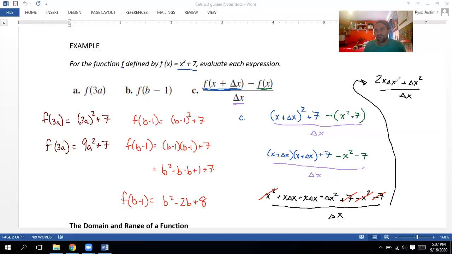Well, in this top part, both terms have a delta x. I could factor a delta x out and get 2x plus delta x, all over delta x. I did that because if I divide by delta x, it cancels out, and we're left with, finally, 2x plus delta x.